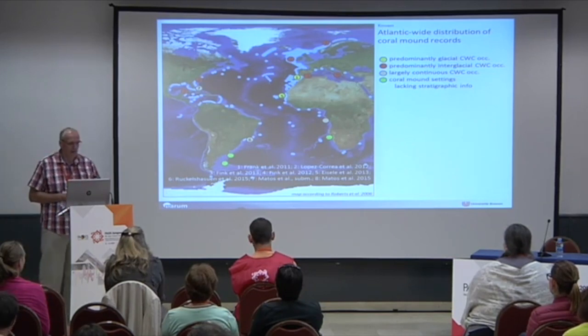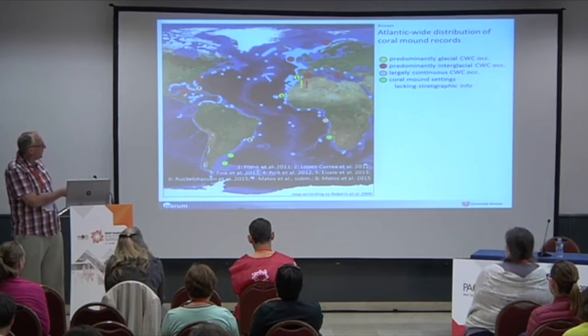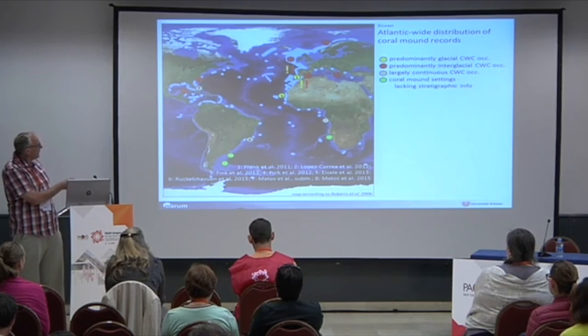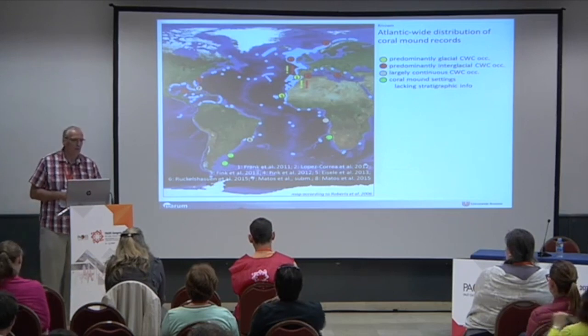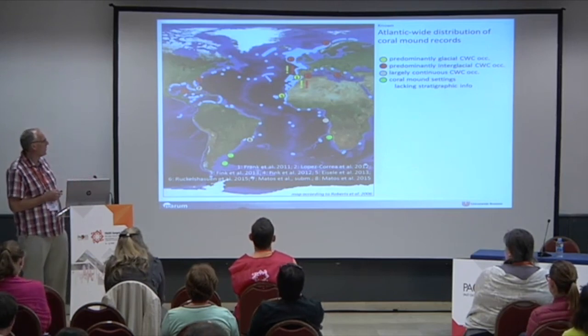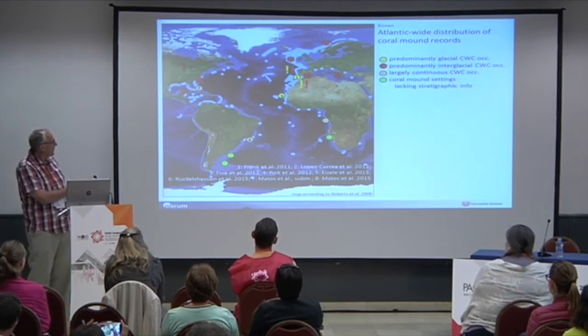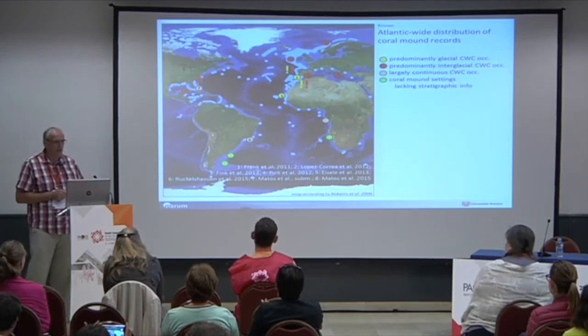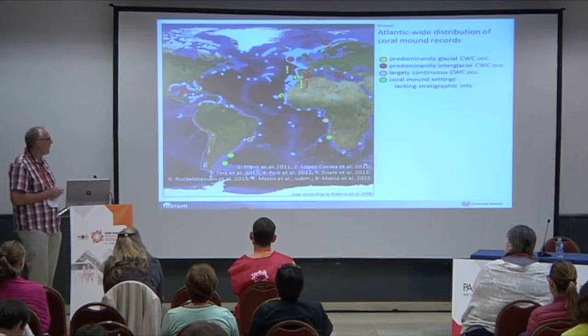For the blue sites we have no information at all, and we also have a very few sites where it seems they occur continuously. So the seesaw pattern I just described for the Mediterranean versus the Gulf of Cadiz is also the same we see from the Gulf of Cadiz looking northward to the Irish and the Norwegian margin, where the most prolific cold water corals occur these days. So it seems that at least for the entire northeast Atlantic, especially this area of Morocco has been a kind of glacial refuge for the cold water corals.